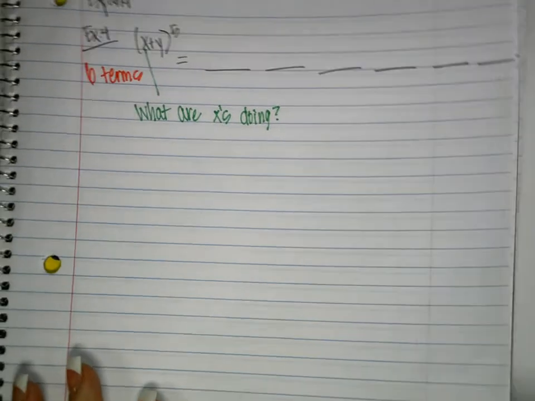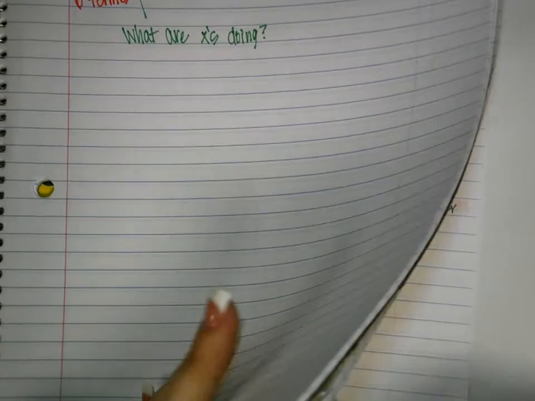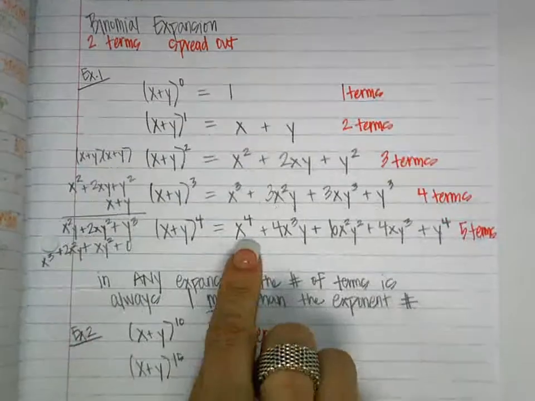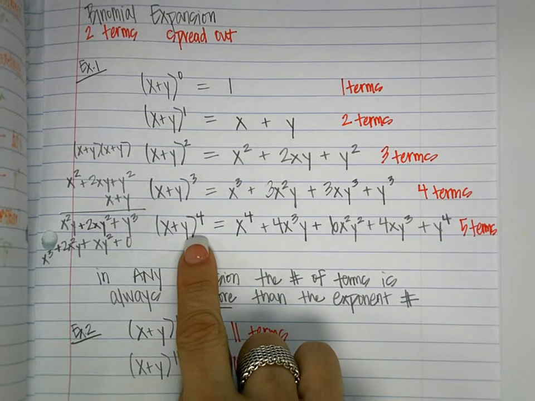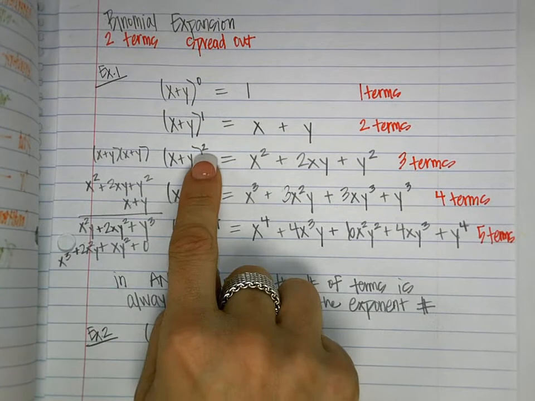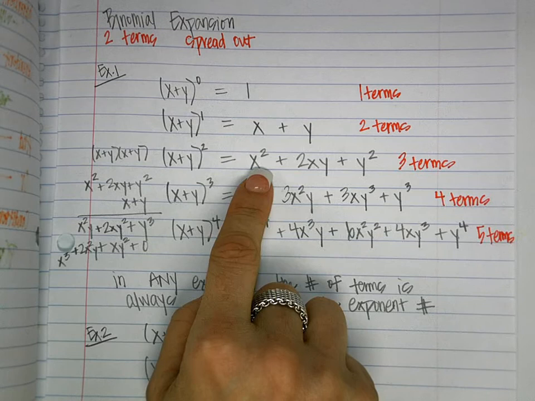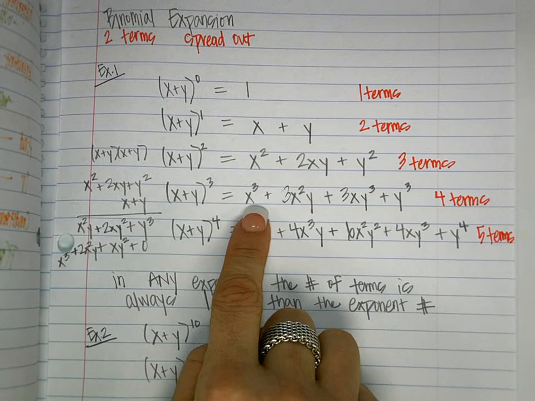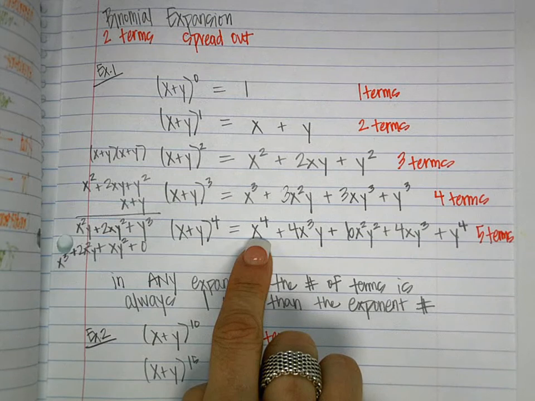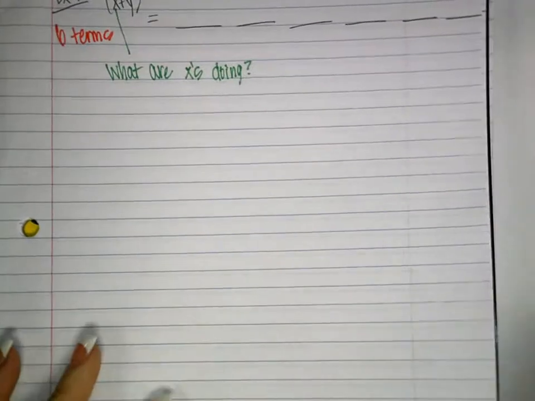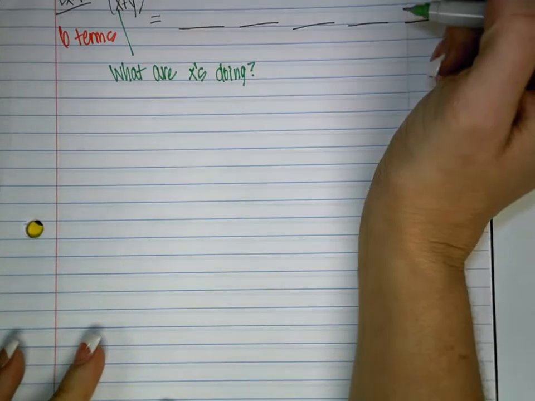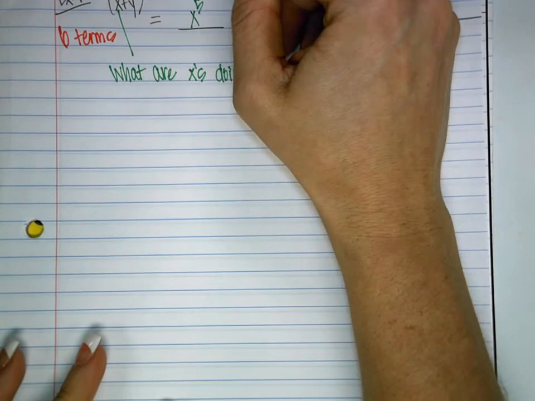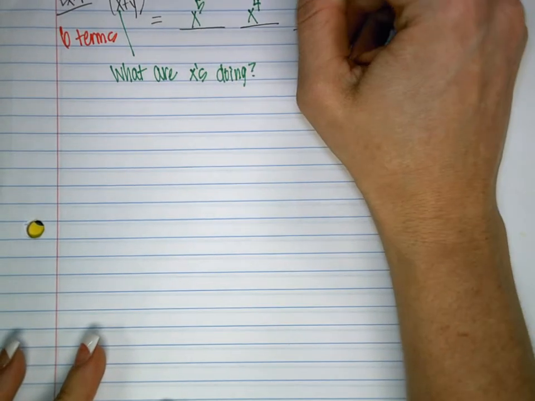So, do you notice there is also a correlation between the number that they start at and the total exponent number? Total exponent of 2, x squared. That's where we start. Total exponent of 3, x cubed. That's where we start. Total exponent of 4, x to the 4th. That's where we start. So what do you think these x's would start at? X to the 5th. So the x's are now descending in exponent order.